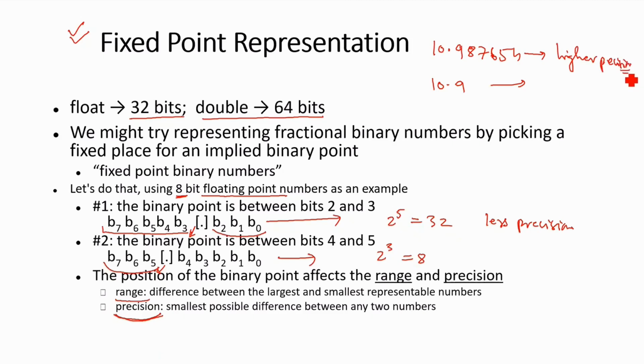That means up to this many digits, it is able to tell the value accurately. But the other is also 10.9 only, but it is having less precision, so it is having so much error. Once we extend the bits after the binary point, that gives how much precision. If it is 2 to the power 3, then it is 8, so it is having less range, but higher precision is there.